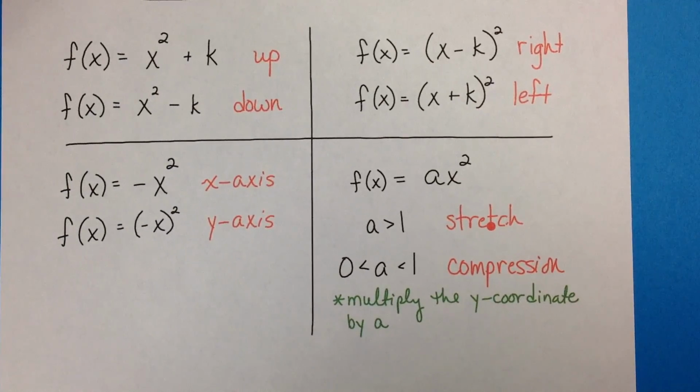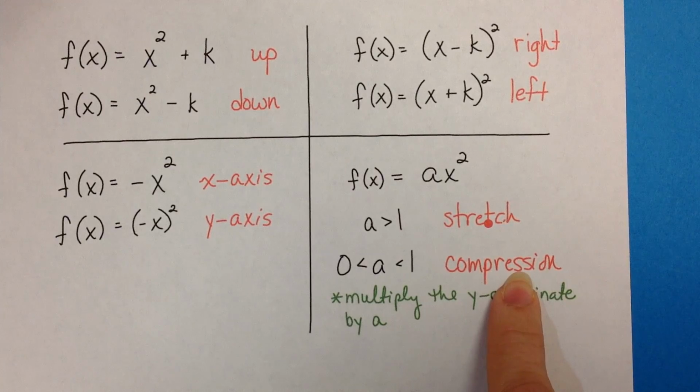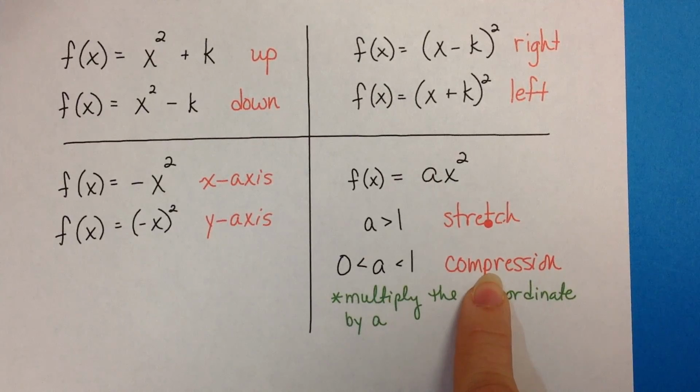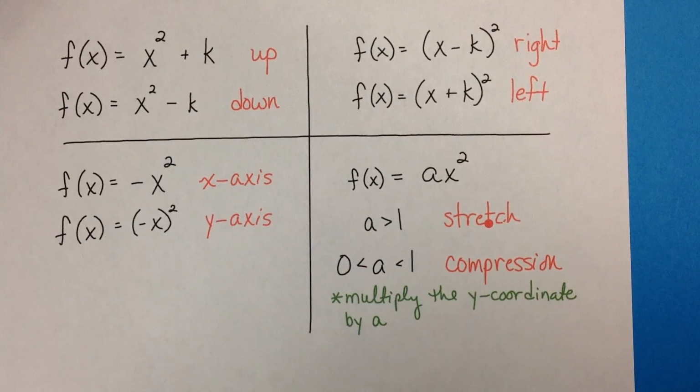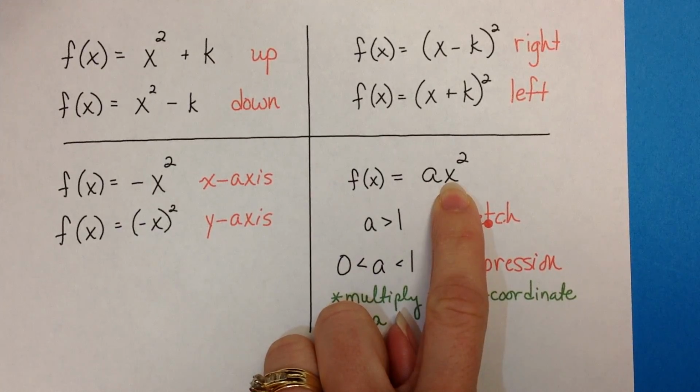Okay, last, what you have is referred to as a vertical stretch or a vertical compression. Now, the textbook that these notes come from uses compression. Some textbooks refer to this as a shrink, so that might be something that you're more accustomed to hearing. So a vertical stretch or a vertical shrink or a vertical compression. This is going to occur when you have a number multiplied times x squared.